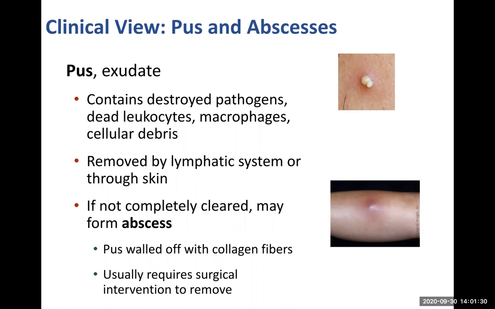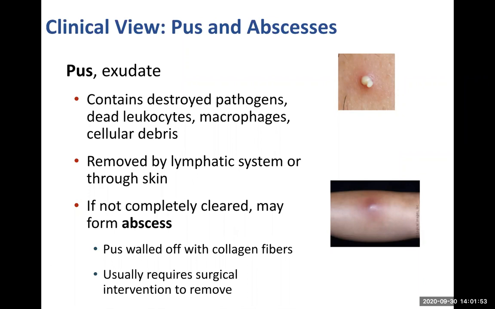pus can accumulate and form, or be a part of, what we call an abscess. An abscess is an infection that has not been cleared, and one of its hallmarks is the walled-off accumulation of pus in a specific area. The walling off is actually an adaptive response by the body.